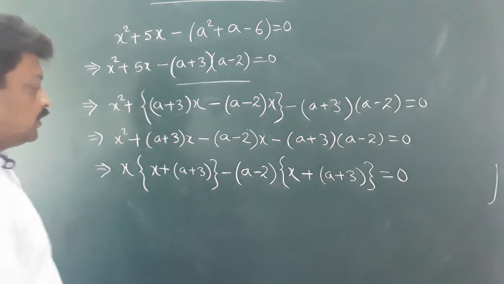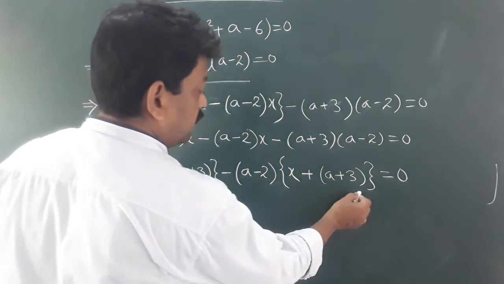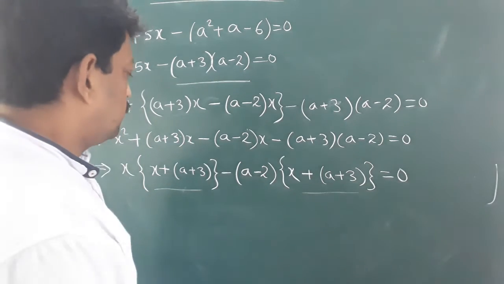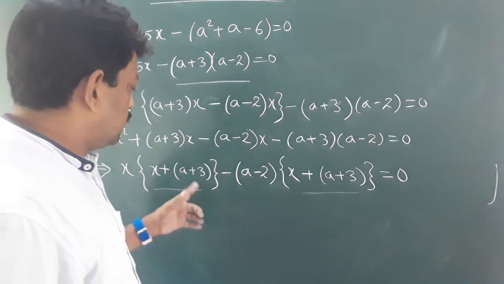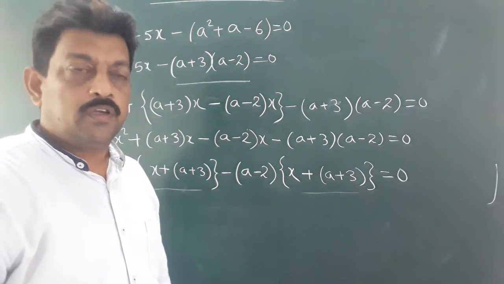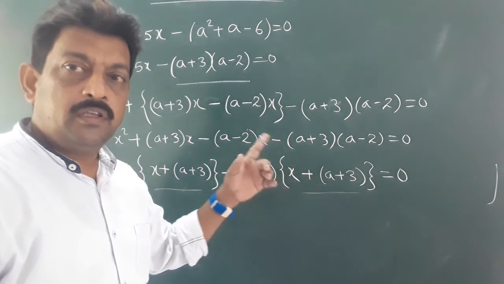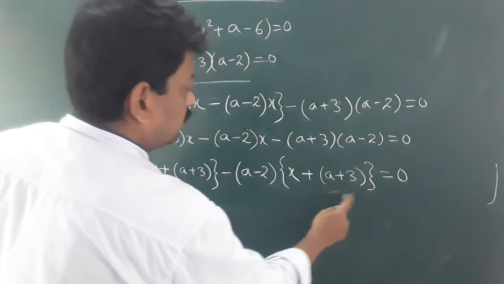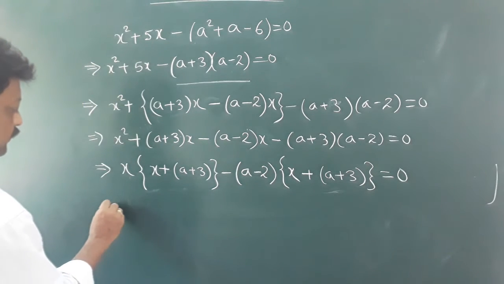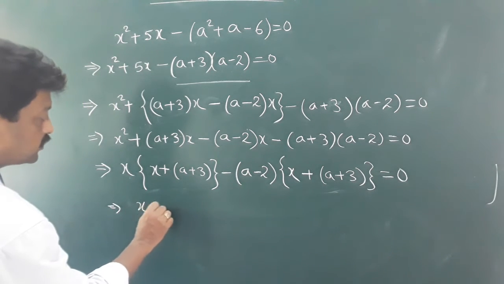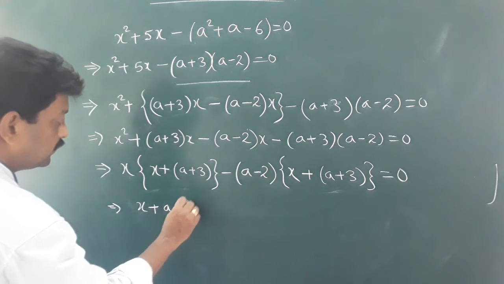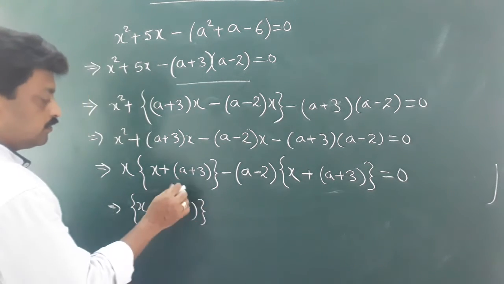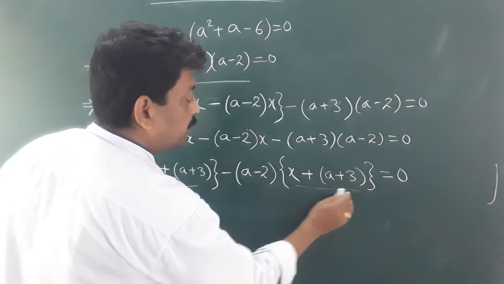Okay, so here you can see the second bracket part, they are identical, and it is the condition of the splitting the middle term process that the common thing will be the same, identical. So from these two terms I can take the bracket part as common. That means it will be x plus a plus 3 inside the bracket. So here this one has been taken common.